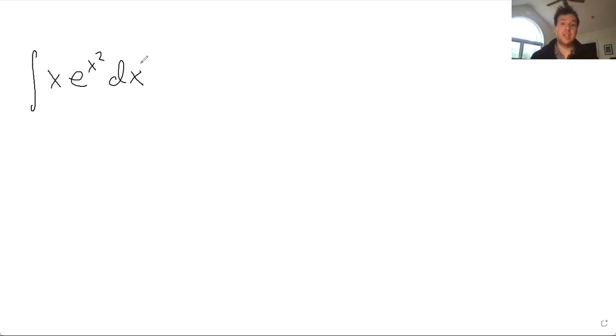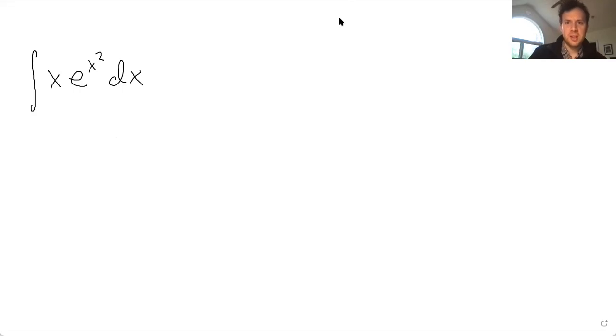is it something that we can just use an integral rule for, like the reverse of a derivative rule? And no, this is too complicated for that. Another thing is, can we do any algebra to make it simpler? And in this case, there's no simplifying to be done. At least what I tell my Calc 1 students is, if you can't do either of those, you're really stuck with U-substitution.